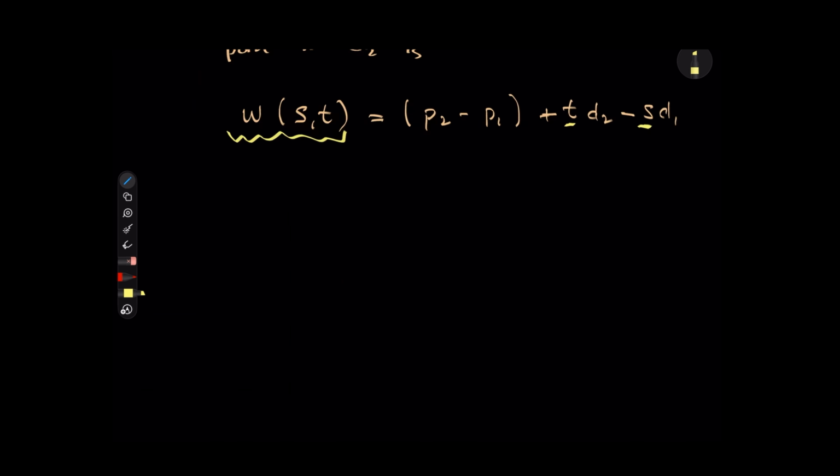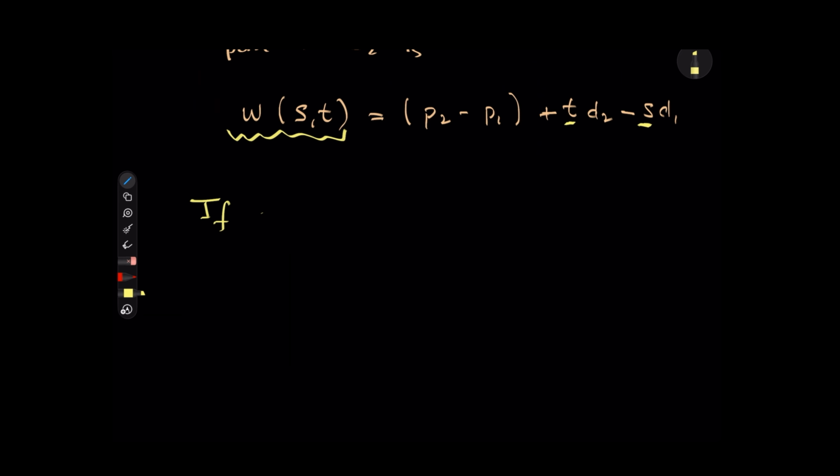We said before that the segment connecting L1 and L2 is perpendicular to both lines, so its direction vector is perpendicular to D1 and D2 as well.